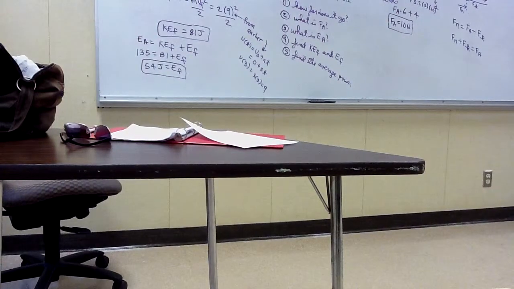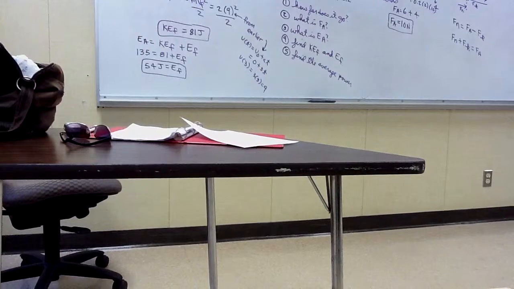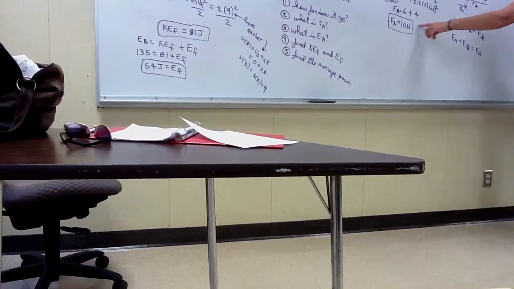Okay, so we could do a second method for the energy to overcome friction. We can say the energy to overcome friction is equal to the force of kinetic friction times the distance. We calculated that force before over here as 4.